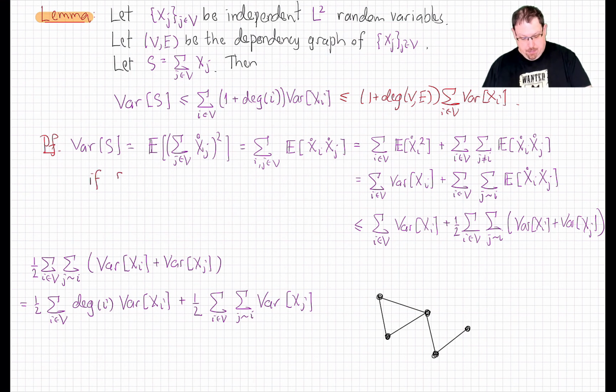If I have a pair of indices i and j that do not form an edge, that means that Xi and Xj are independent by the definition of the dependency graph. And of course, it therefore follows that Xi and Xj centered are independent. And therefore, because these are L2 and therefore L1 random variables, the expected value of the product is the product of the expected values.